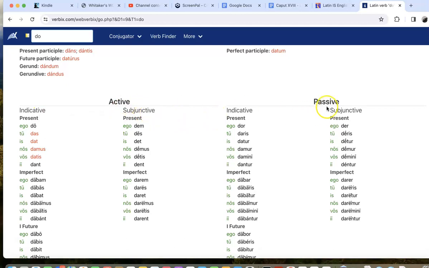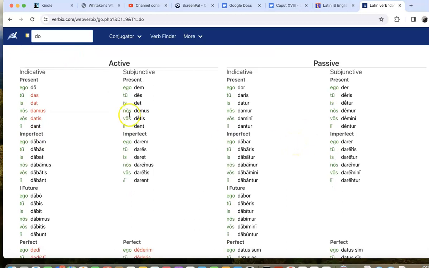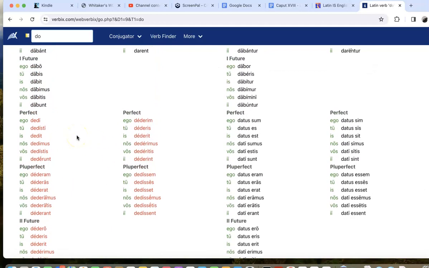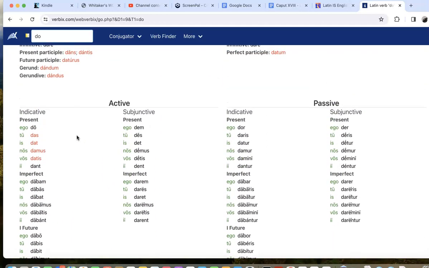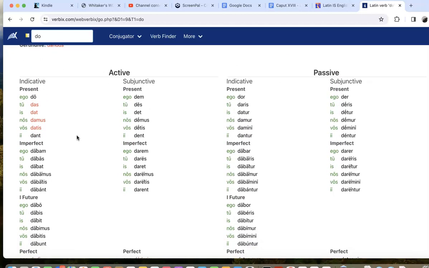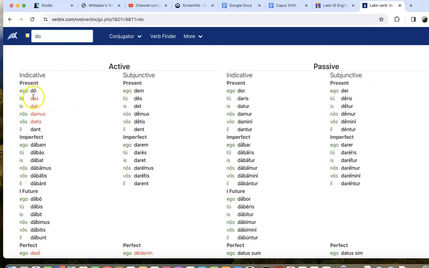Here's active, here's passive. And then you need to know all the different tenses: present, imperfect, future, and of course imperative. It's hard on this screen in this format to do justice to this. But for our purposes, take a look at do, das, dat, damus, datis, dant. So I give, you give, he gives, we give, you all give, they give.